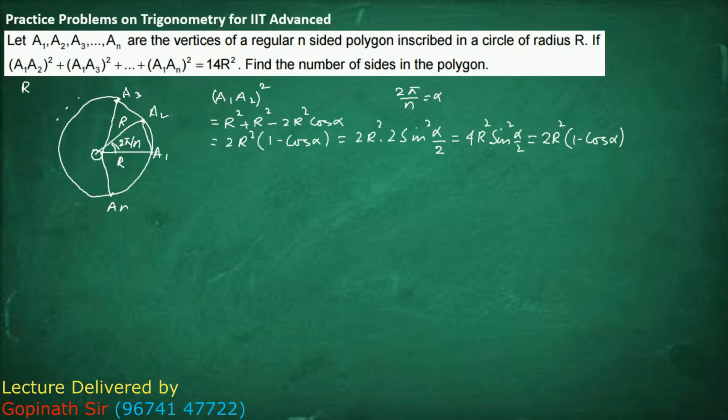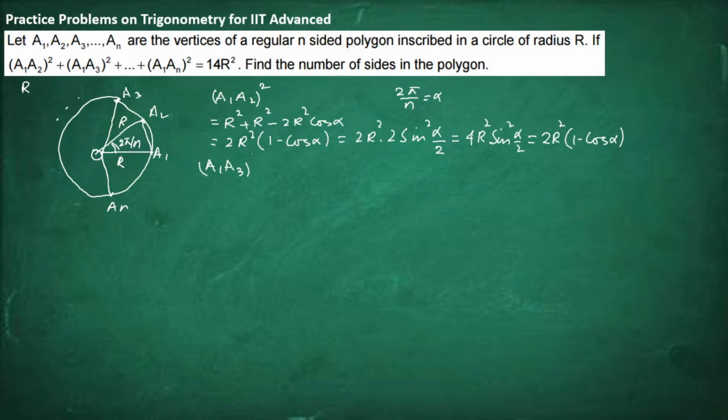Now, what will be A1A3 square? Think about it. A1A3 means we have to find the square of the distance of these two vertices. Now this angle will become 2 alpha, that is, 4 pi by n. So A1A3 square will become R square plus R square minus 2R square cos 2 alpha.